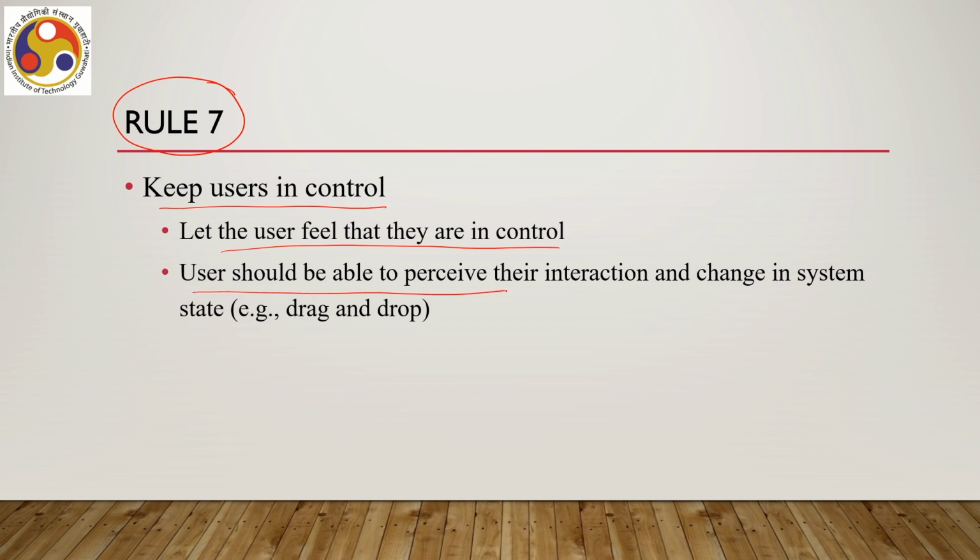So, users should be able to perceive their interaction, they should be able to understand that something is happening, and that something is happening means a change in system state. Say for example, when the user is performing a drag and drop operation on a typical desktop application, then the user should be able to actually see that something is being dragged from one place to another, and also visually perceive that when the object is dropped, it is shown at the place where the user wants it to be, so maybe in another folder.